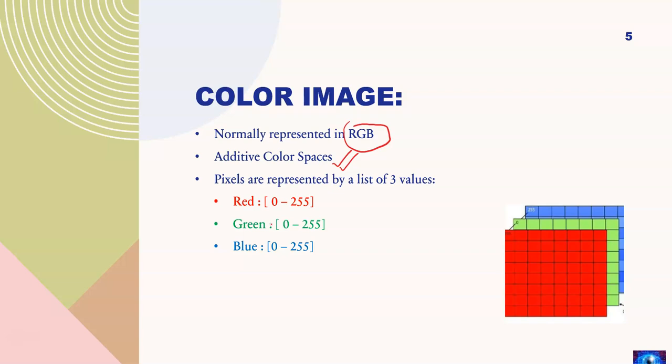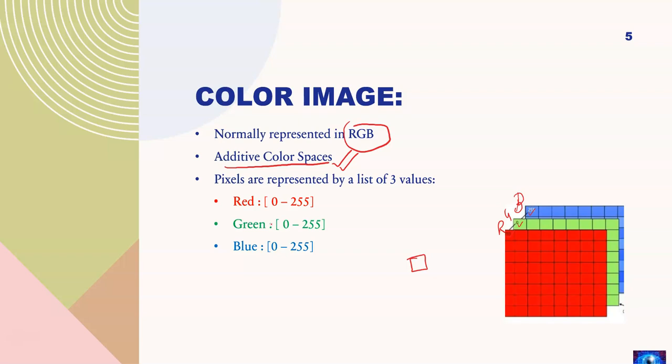Additive means there are going to be 3 channels in it: one channel which is red, another channel which is green, and the third channel which is blue. For a corresponding pixel of these channels, the values of red, green and blue will be added to form another color. That color will be represented as the color of that pixel. That is why it is known as an additive color space.